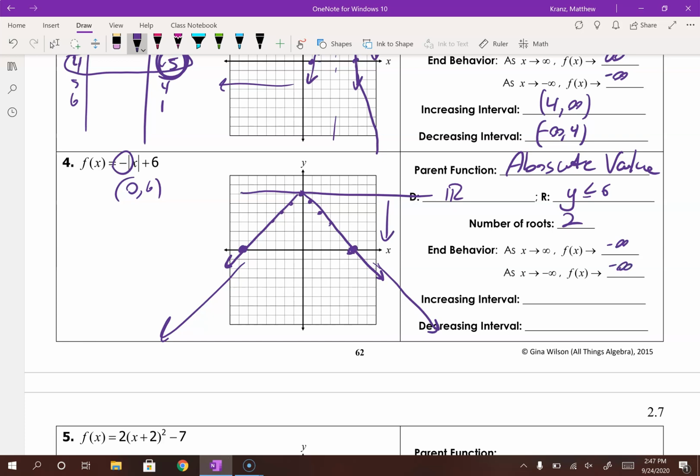So it's just both negative infinity. Our increasing interval, well, we're going from negative infinity to 0, right? From here, we're increasing going this way. And we're going from 0 down this way. So 0 to positive infinity.